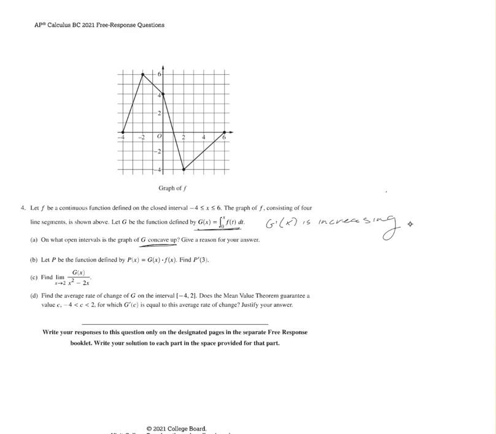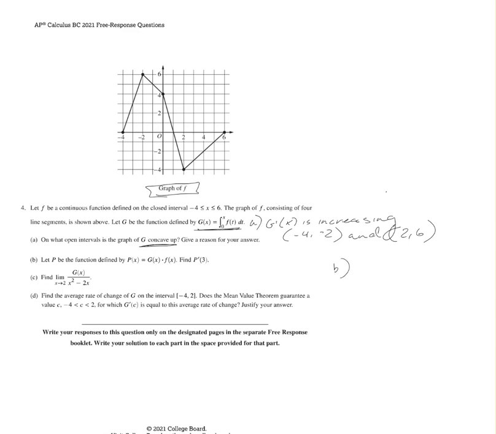And we know that because g of x is the integral of f of t dt, g prime of x is f of x, and that's what we have the graph of. So we're looking for when f is increasing, which in this case is on the interval -4 to -2, and 2 to 6. So here and here. So that's part A.